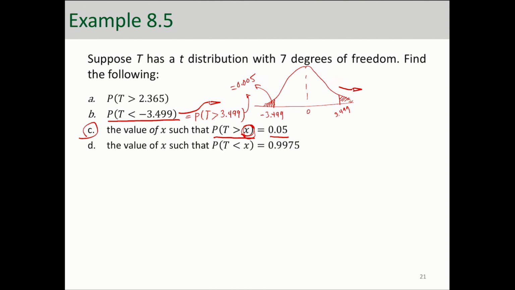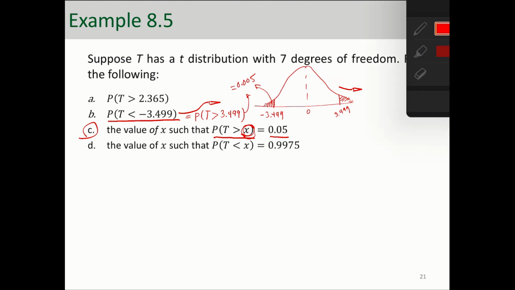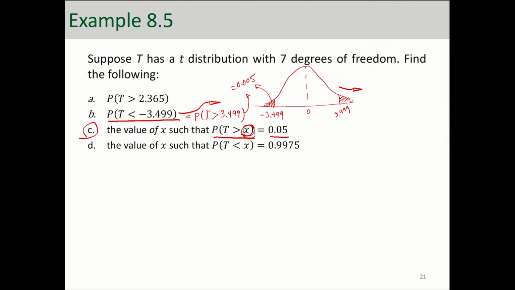If we put that on a graph, this is a t distribution, this is 0. Probability of t greater than x is 0.05. So somewhere here there's an x such that the probability of t greater than that is 0.05.